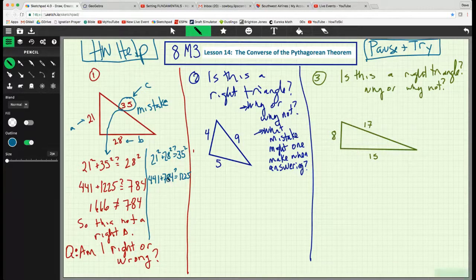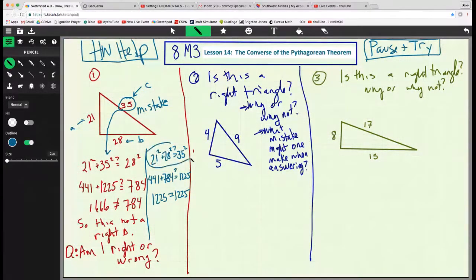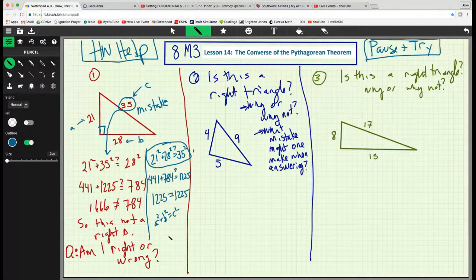Well, 441 and 784, if you line them up and add them down, that does in fact equal 1225, which equals 1225. So in this case, it is true. A squared plus B squared equals C squared. So this is indeed a right triangle. So the answer is I was wrong.